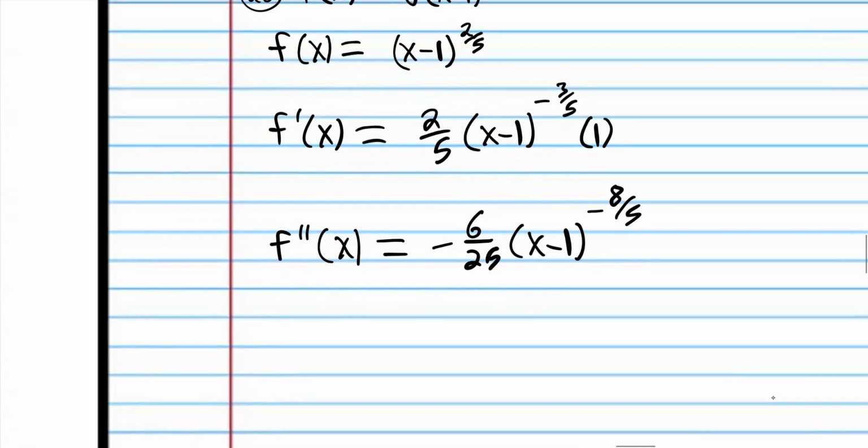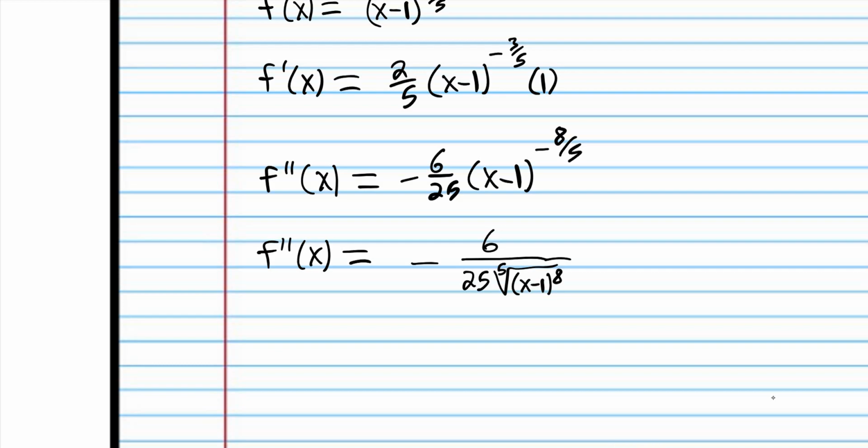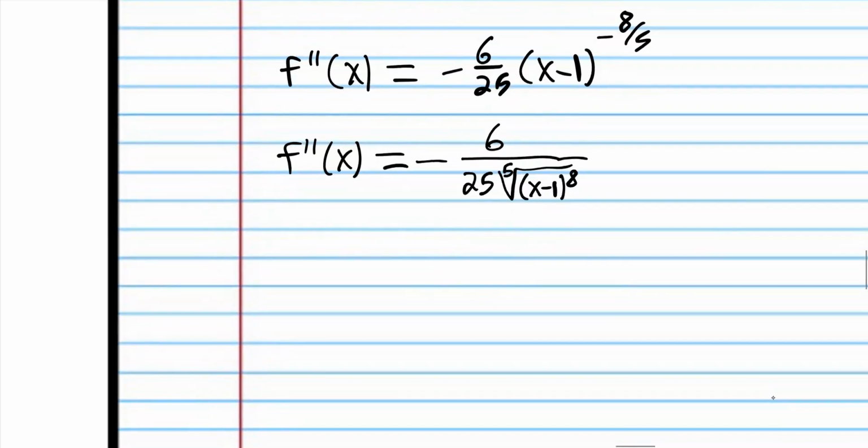And now we have to change this into something that makes sense. So this is going to be negative 6 over 25 times the 5th root of x minus 1 to the 8th power. Okay.